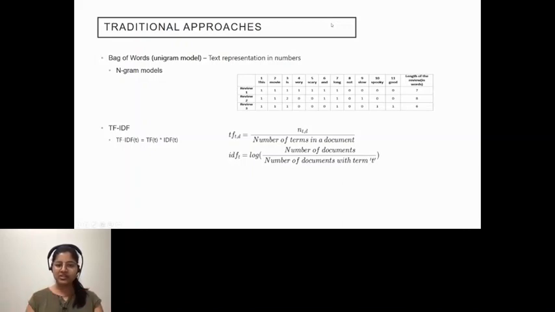So there are different ways of representing bag of words, which is a numerical representation. There is another traditional approach called TF-IDF, which people know as the term frequency and inverse document frequency model, where we use the information of different documents.